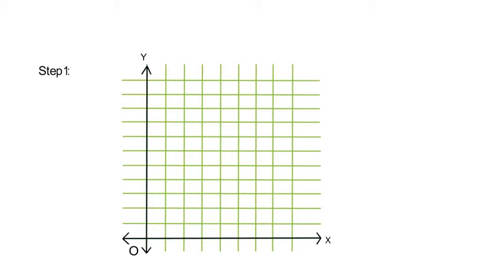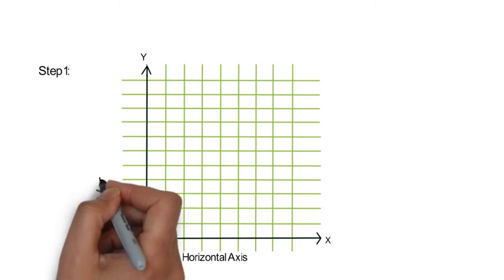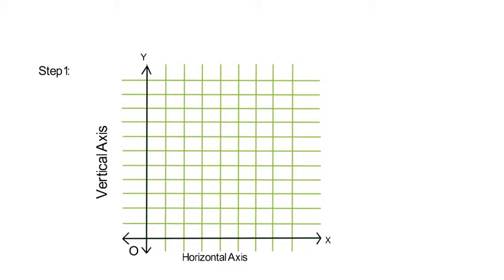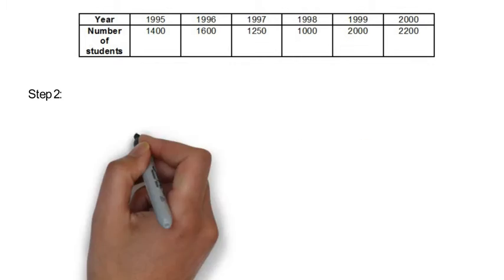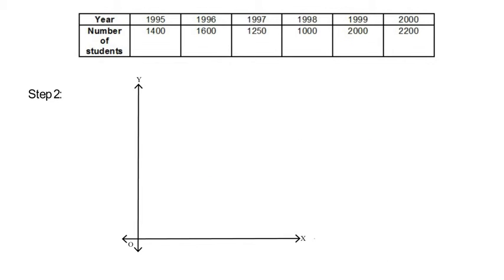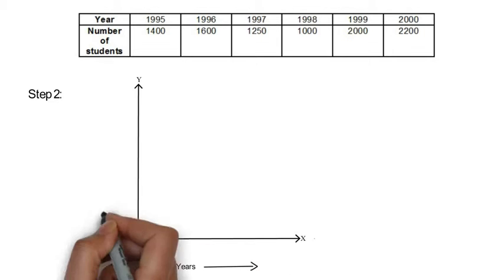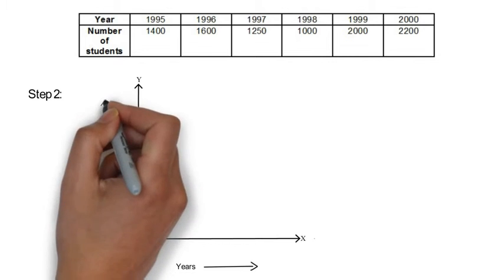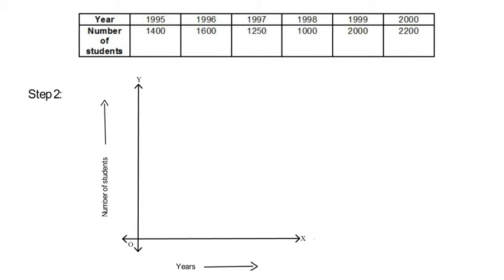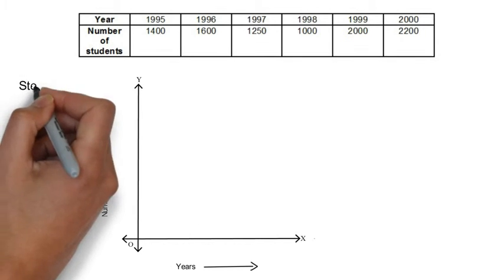Now call OX the horizontal axis and OY the vertical axis. In step number 2, along OX mark years, and along OY, the vertical line, mark number of students.